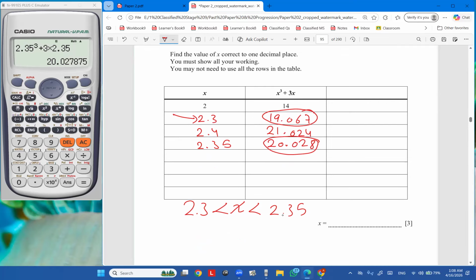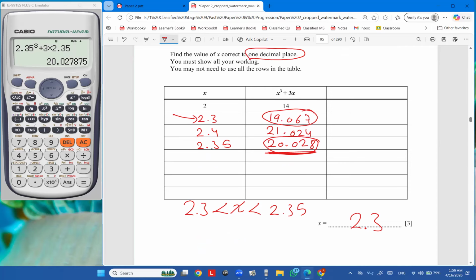Something that is smaller than 2.35 will be rounded to one decimal place to become 2.3. Again, I know that 2.35 will not give me 20. It will give me 20 point something. I know for sure that it's not 2.3, it is bigger than 2.3, but less than 2.35.